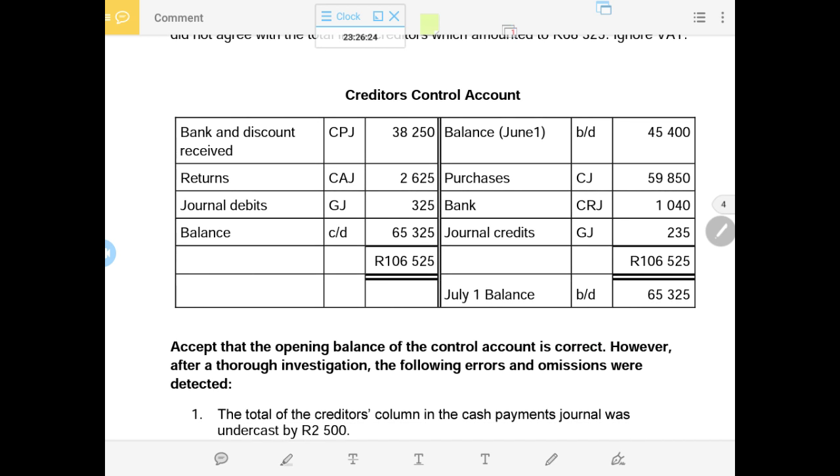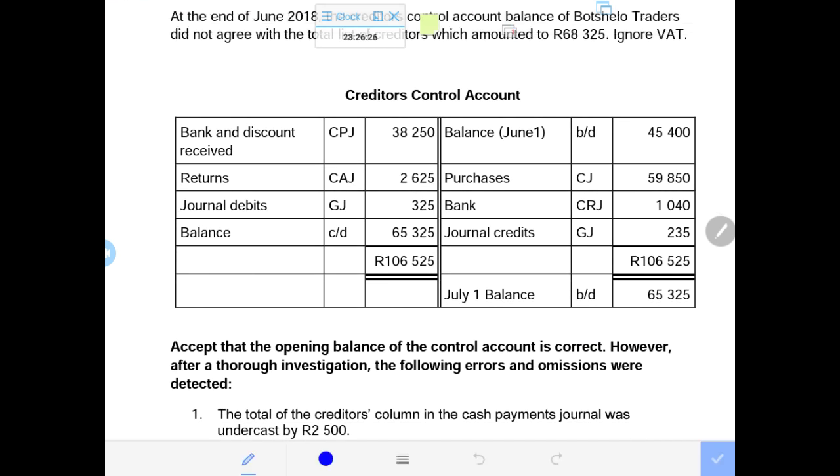But I just want to note that when we make a correction, we need to check if it is an error in the cash payment journal, or in the creditors allowance journal, or in the creditors journal, or in the cash receipt journal, or in the general journal. And we also have the general journal on this side.